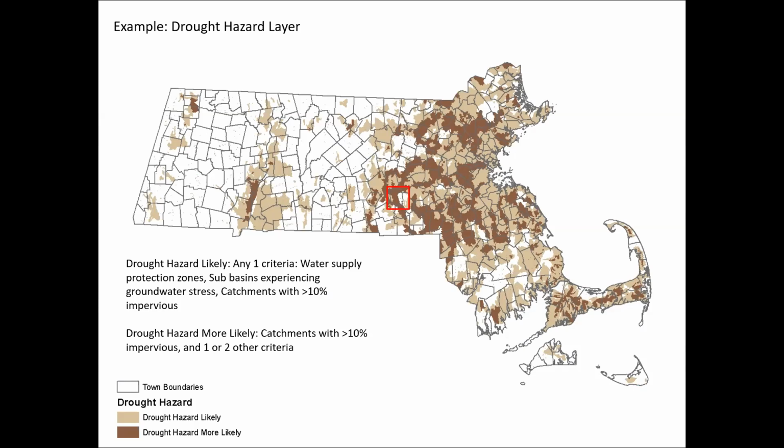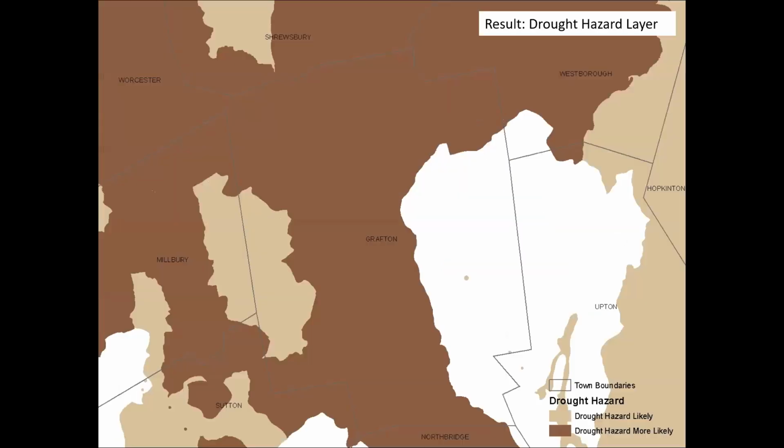This happens to be the town of Grafton that I picked. As the text here says, these dark brown areas had to be at least one of those above 10% impervious watersheds, and then include at least one of the other criteria. So a lot of this town of Grafton is part of one of those impervious surface scored watersheds. This is the hazard layer as we're zoomed in.